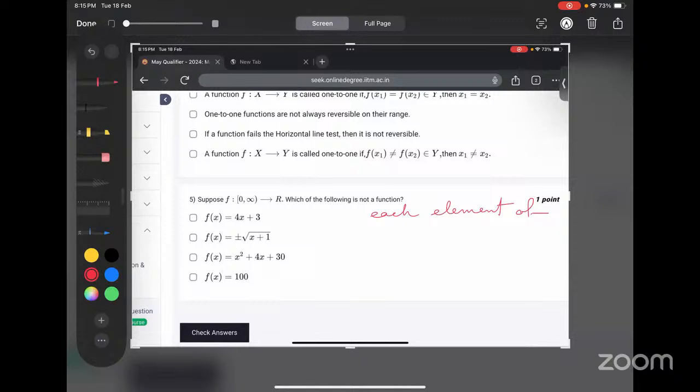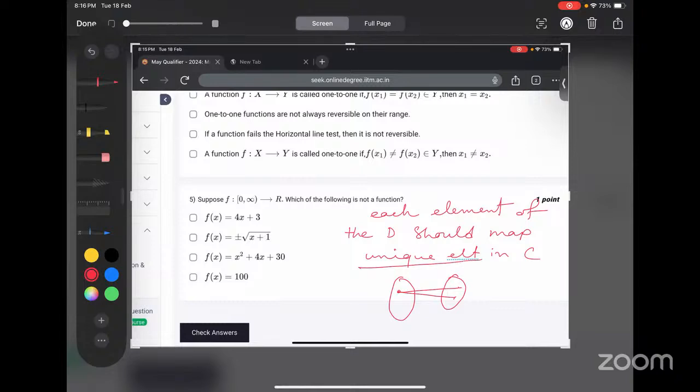Each element of the domain D should map to a unique element in the codomain, right? That means this is not allowed, right? Here one element is going to 2 different elements. This is not allowed, right? Because of the word unique element, right?